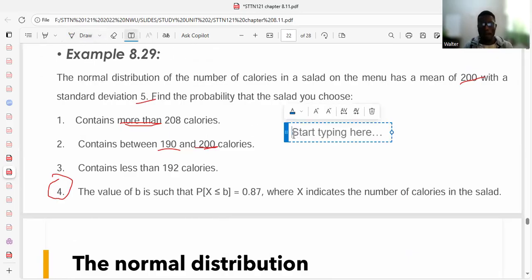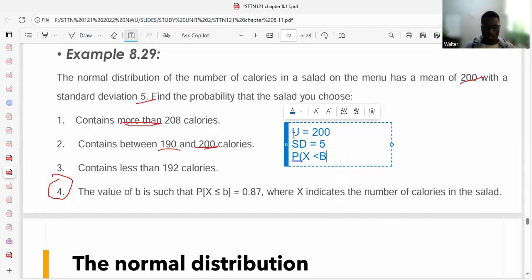When we look at the scenario, they say the normal distribution of the number of calories in a salad on the menu has a mean of 200 and a standard deviation SD of 5. Now, the value of b is such that the probability of X less or equal to b is equal to 0.87.